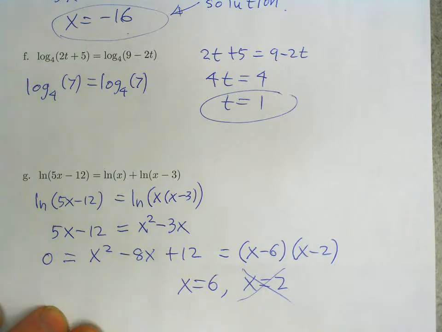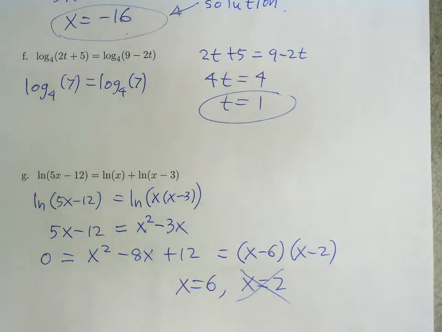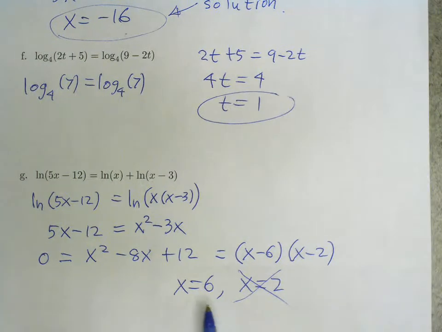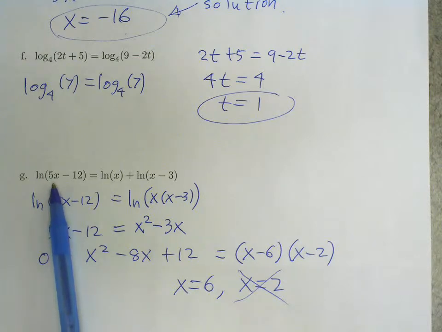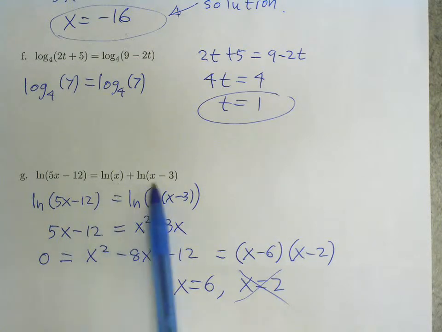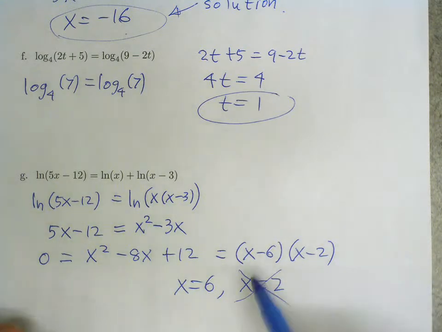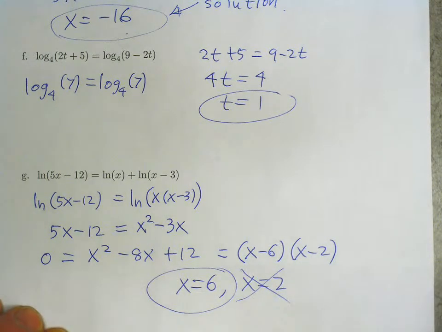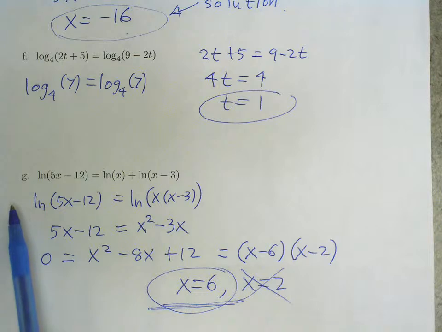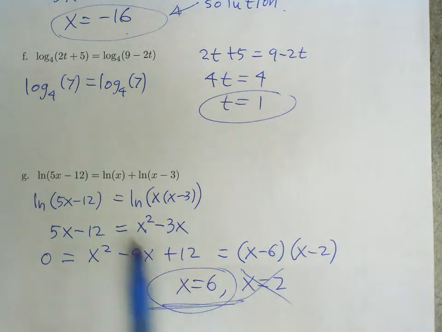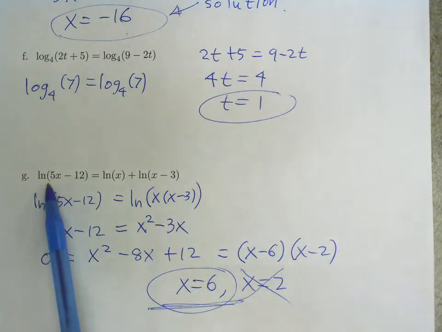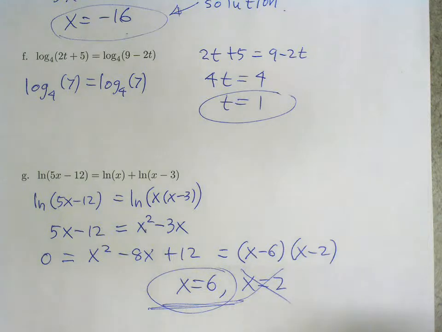So x equals 2 cannot be a solution. However, x equals 6 does not make any of the arguments negative, and I'll leave the rest for you to do. You can verify by using logarithmic arithmetic that x equals 6 is really the solution to that equation.